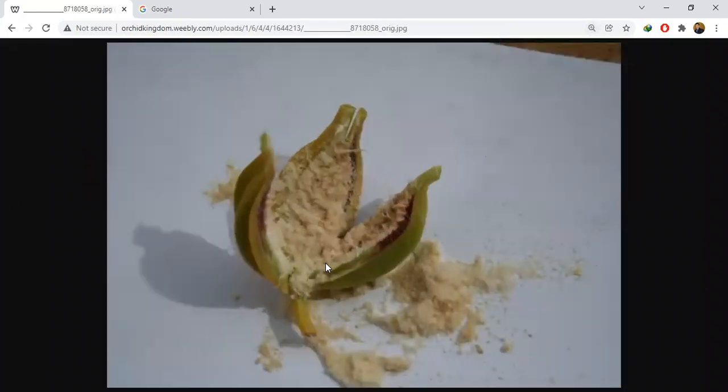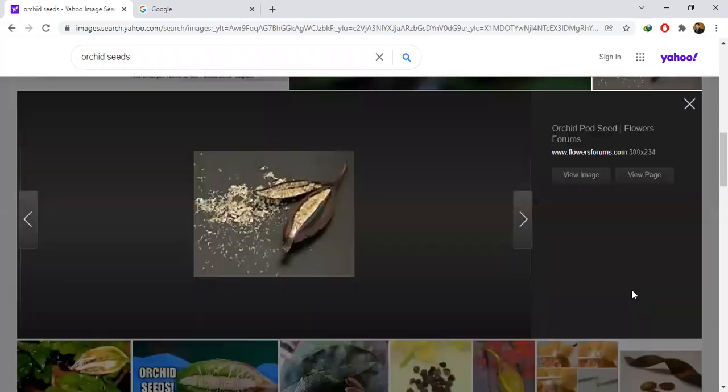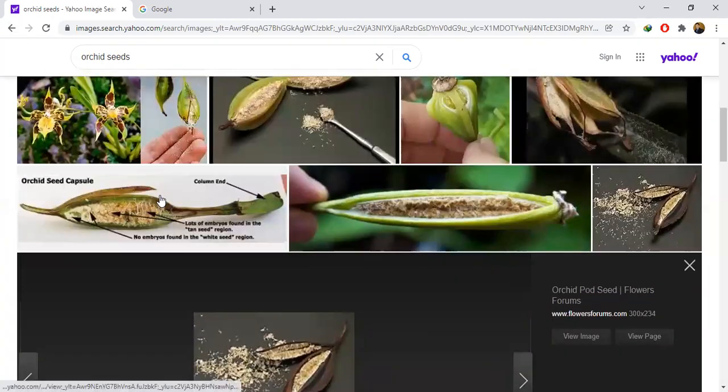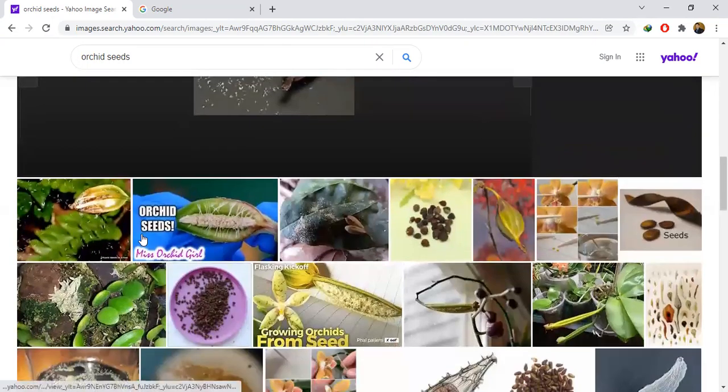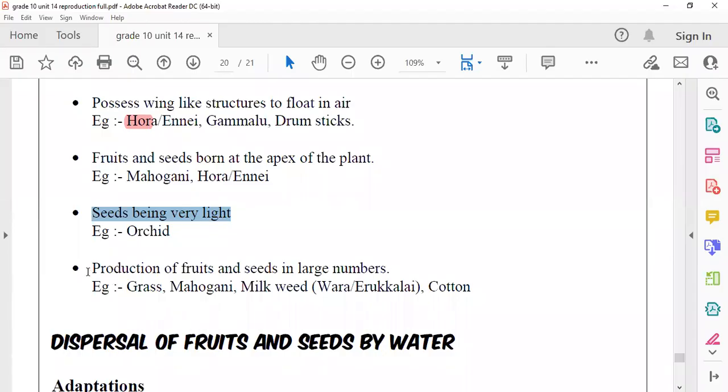You can understand how tiny they are. This lightness is enough for the seed to float and to be moved with the wind.